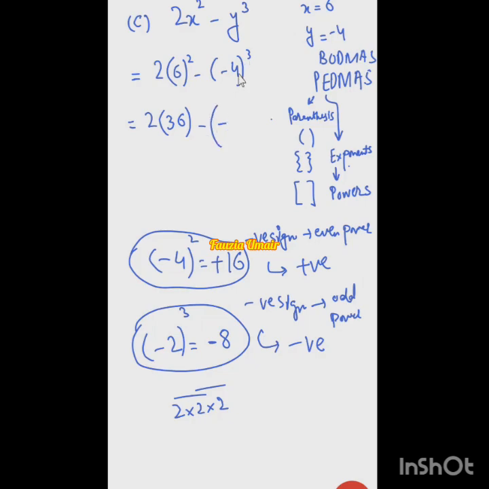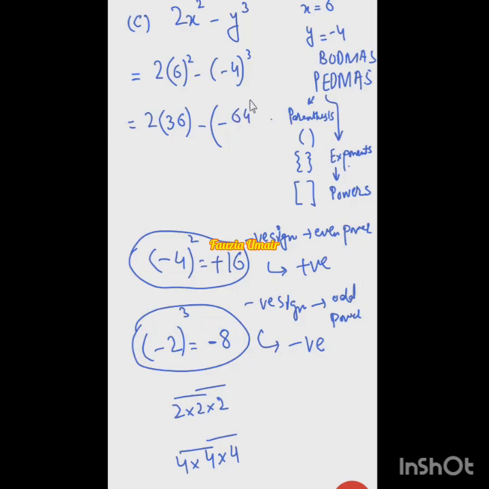Now it is 4 cube. What is 4 cube? 4 is multiplied with itself how many times? 3 times. 4 fours are 16. 16 fours are 64.